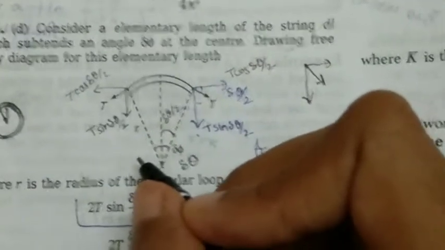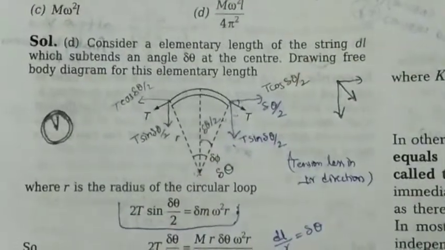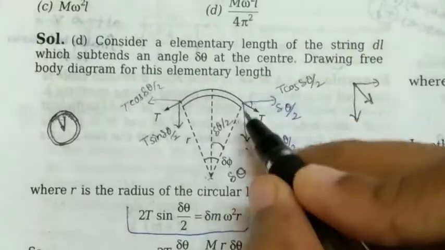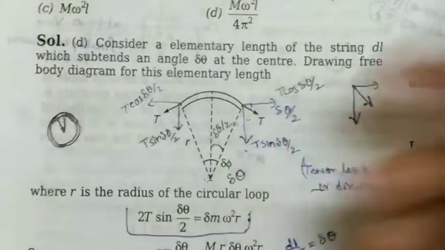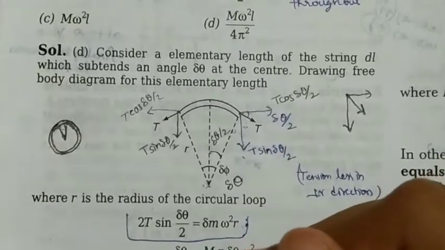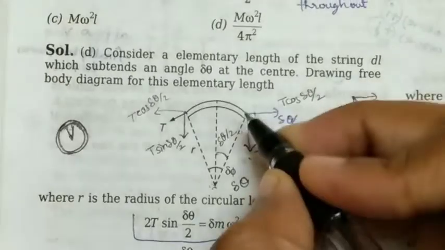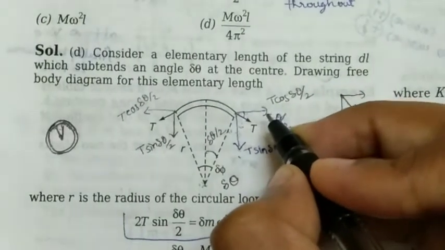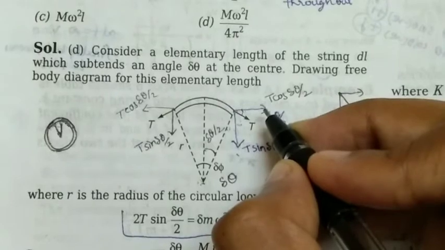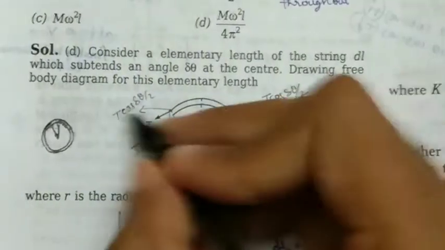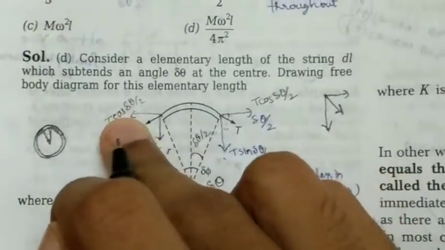So if you see here finally, this is acting in this direction, T cos delta theta by 2, and here this is acting in exactly the opposite direction, T cos delta theta by 2.